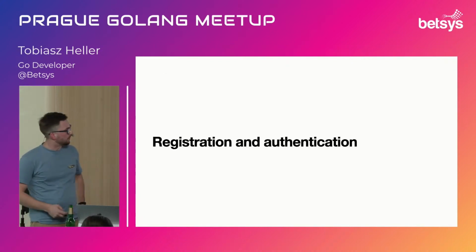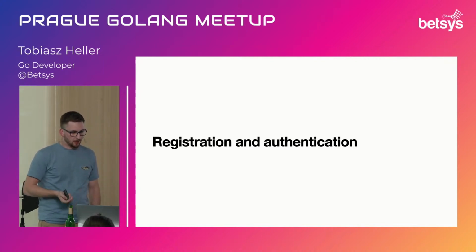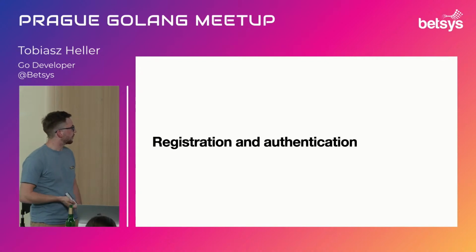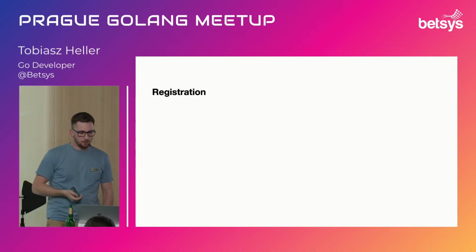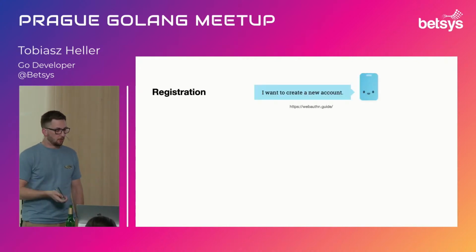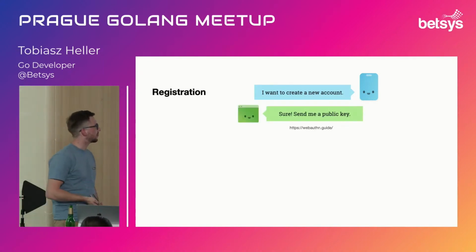And actually, this digital signature is used in WebAuthn technology. So right now we'll see what registration and authentication look like in detail. First, let's start with how we register the passkey. On the blue, there will be the user, and on the green, there will be our web application.